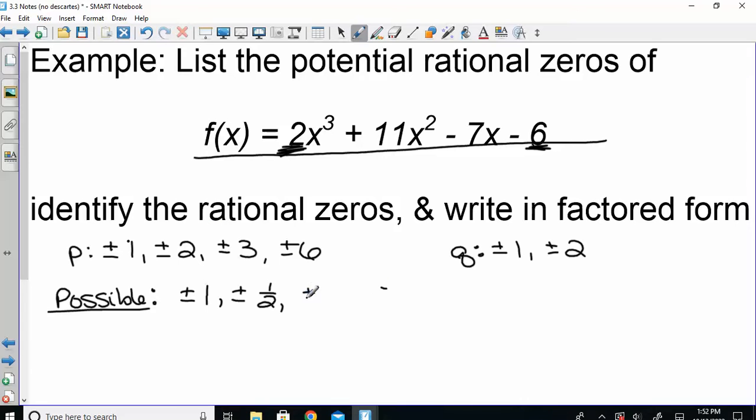You take 2 divided by 1 and get 2. 2 divided by 2 is 1. I already have it, so I don't have to list it again. 3 over 1 is 3. 3 over 2. 6 over 1 is 6. And 6 divided by 2 is 3, and it's already on my list, so I don't need it again.